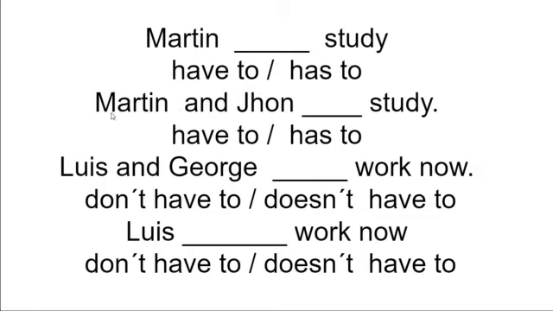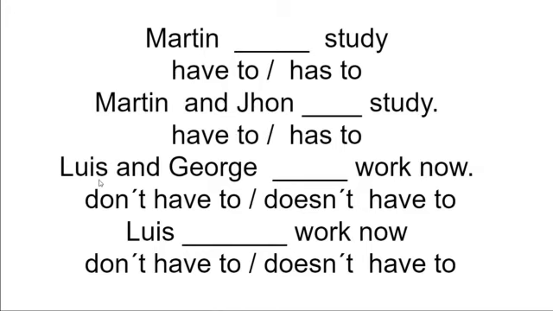According to the subject, de acuerdo al sujeto, Martín and John, you have to use have to. Cuando hablamos de dos o más personas, recuerde, utilizamos have to, and when we talk about I, yo, you use the same, have to. In this case, Martin and John have to study is the correct option.